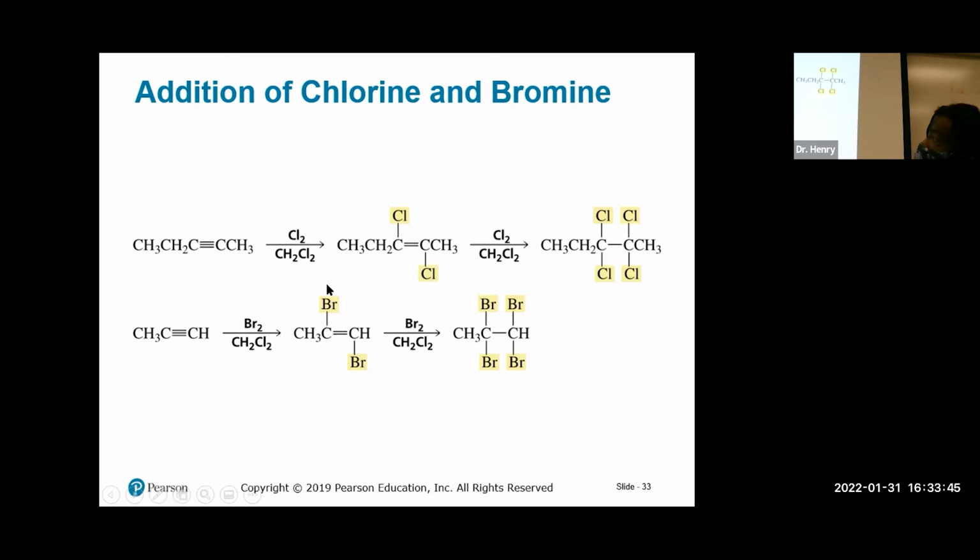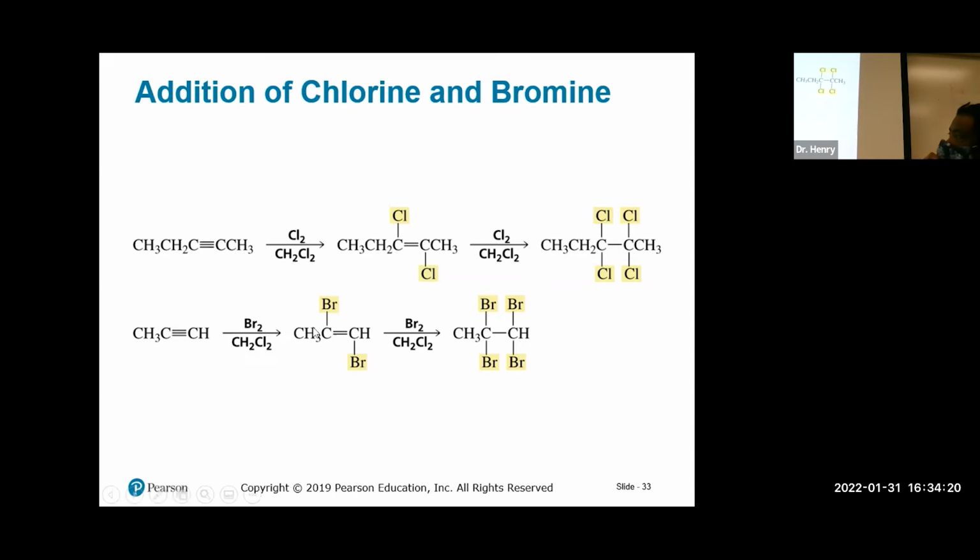And so in this case, you're going to get trans chlorides. And then if we add an excess of that, then we're going to end up with the addition of 4, a tetrahalide.